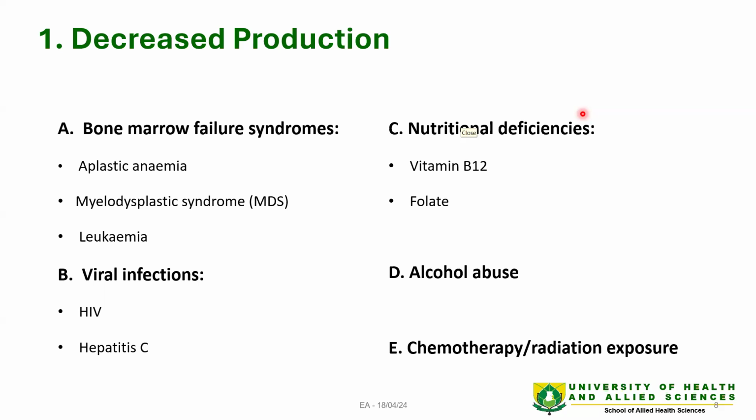Then you have viral infections, chief among them HIV and hepatitis C, also causing suppression of platelet production. Then nutritional deficiencies, vitamin B12 and folic acid are very important when it comes to production of cells generally. So anytime you have nutritional deficiencies of vitamin B12 and folic acid, it actually affects all cell lines, including platelets. Alcohol abuse.